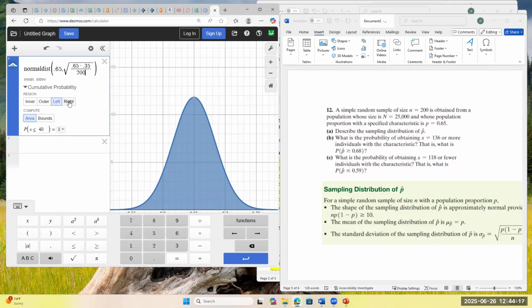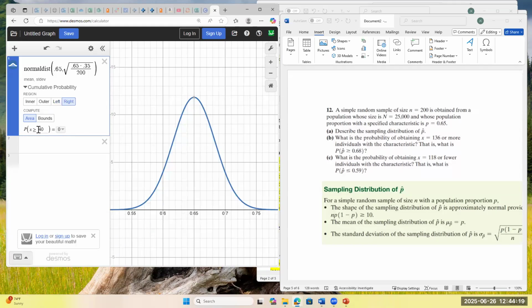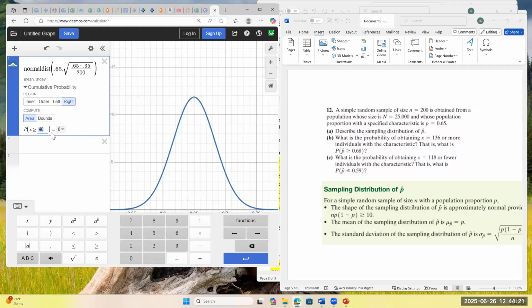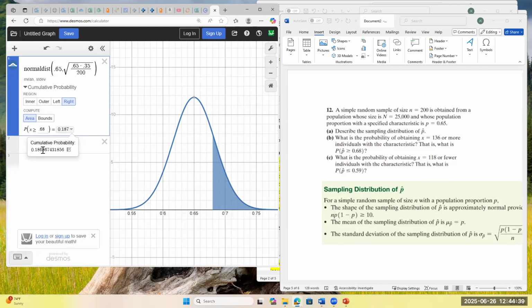So I'm going to change this to a right-sided question, and then I'm going to put 0.68 here. So you can see this gives me the area to the right of 0.68. And you see the probability of getting a sample where we have 0.68 or more is going to be 0.1869 with 4 decimal places.